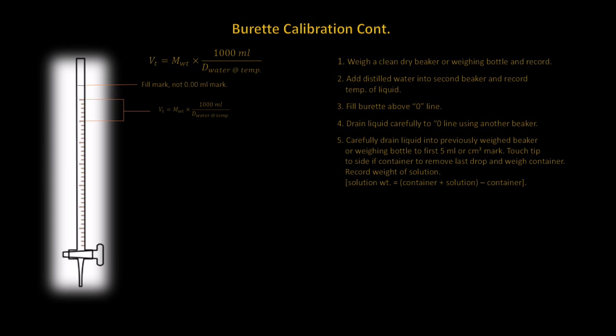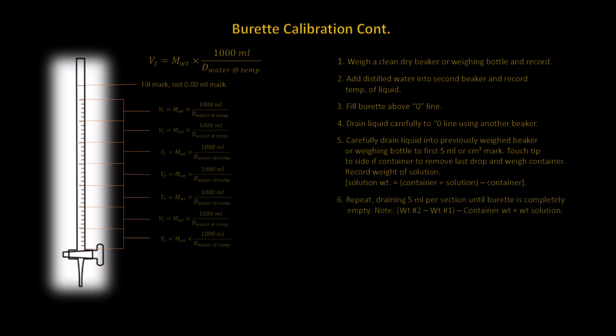Now this process is repeated until the burette is completely emptied to its rated mark, for example 250 mL or 100 mL. Also note that the calculation for each volume segment must be subtracted from the previous. The first 5 mL is simple, as that was the only weight considered, minus the weight of the tared container.